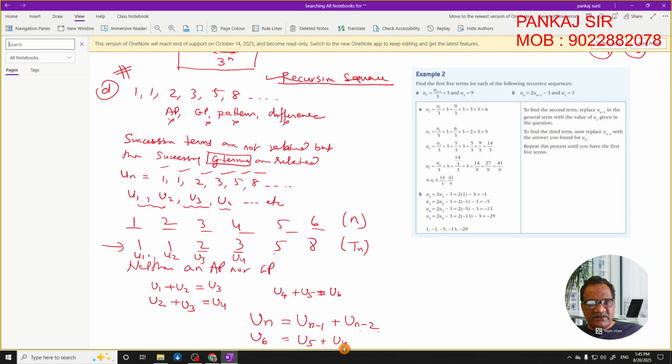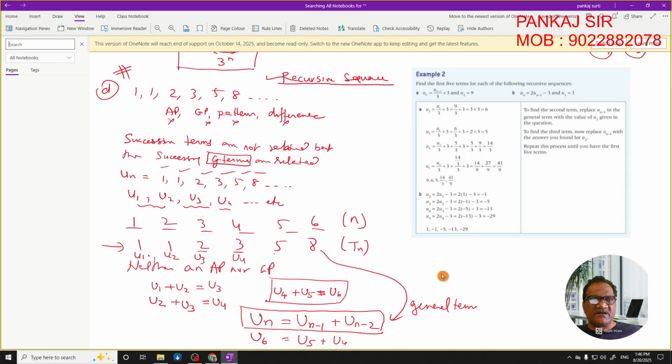Can you see? u4 plus u5 gives me u6. So this is the general term for our recursive sequence, 1 1 2 3 5 8.